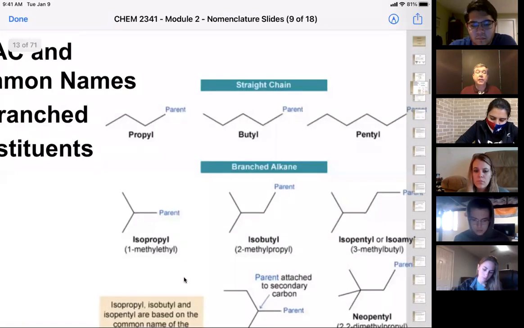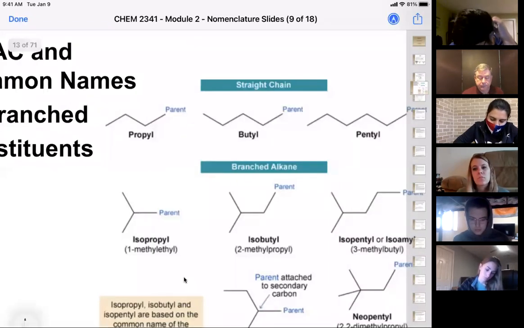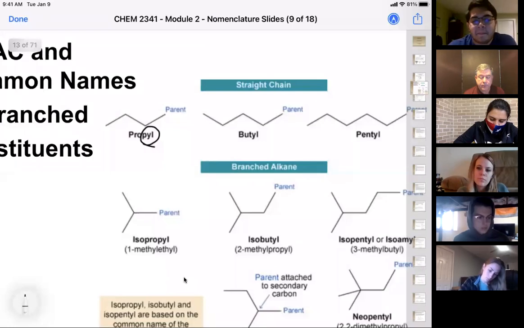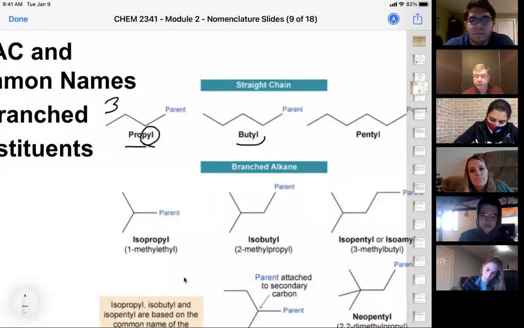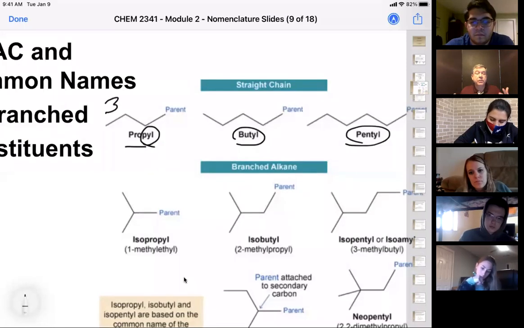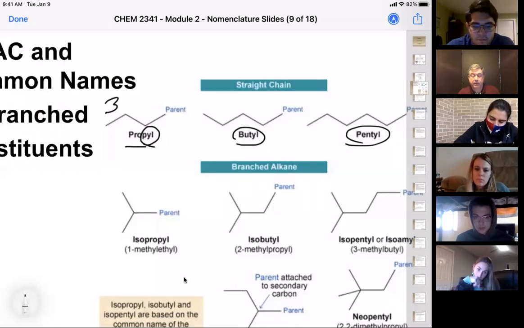If they're just straight chain hydrocarbons, they're easy. You use the IUPAC name for the number of carbons and add the -yl. In this case, we had 3 carbons, so that's propyl. Then 4 carbons and 5 carbons. Those are simple; straight chains are simple. However, when they're branched, they have common names as well as IUPAC names.